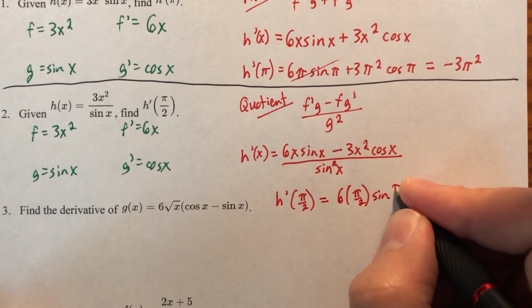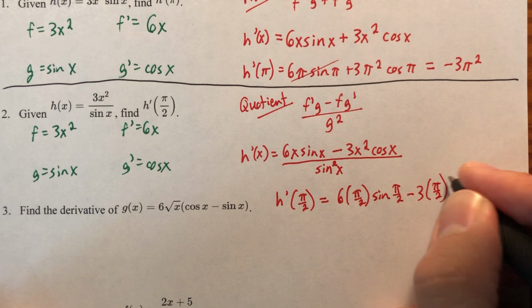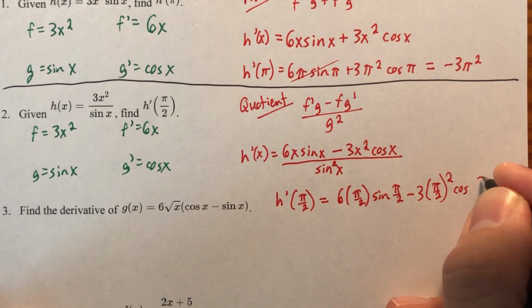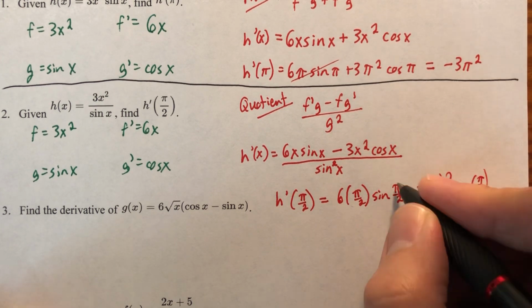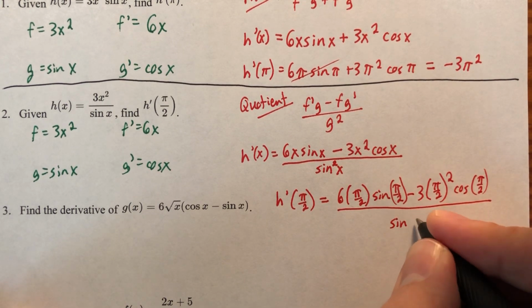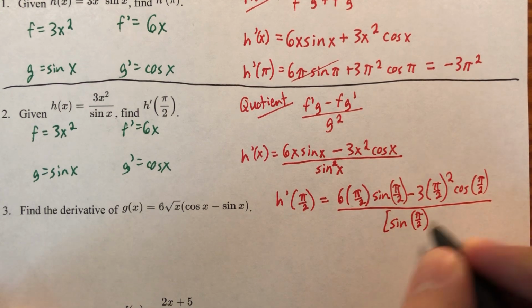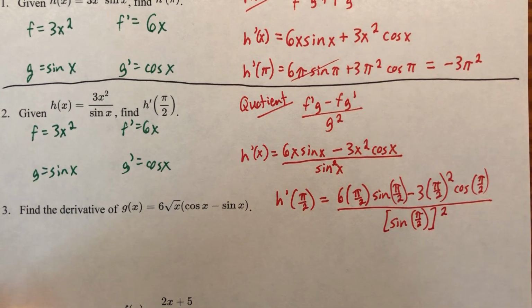Sine of pi over 2 minus 3 times pi over 2 squared cosine pi over 2. Let's put that in parentheses because it looks like fun. All divided by sine of pi over 2. I could put the squared here. I think for the sake of actually simplifying it, I'll put it there.